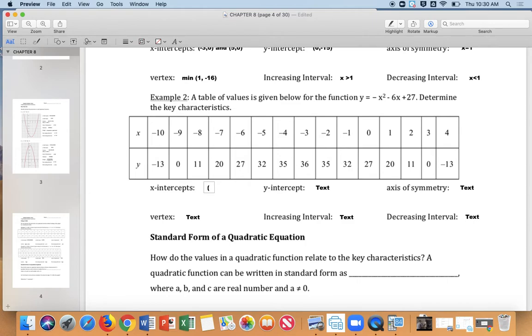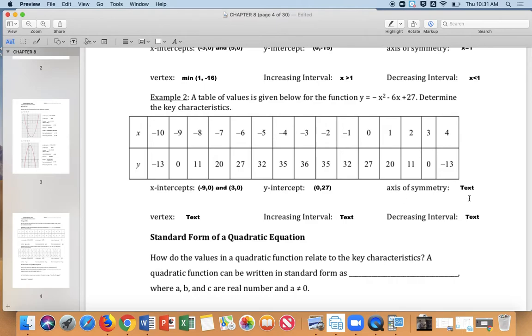There we go, so that's going to be negative 9, comma 0, and we have one all the way down here that's 3, 0. So those are my two x-intercepts. Let's go to the y-intercept. We find that where x is 0. That's right here, so it's going to be 0, 27.